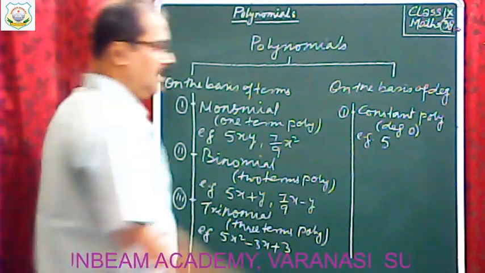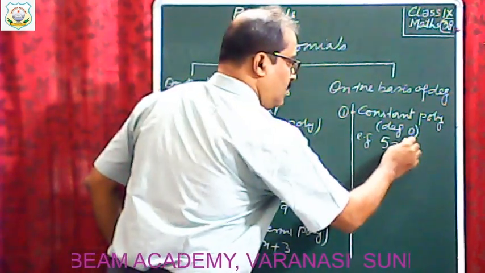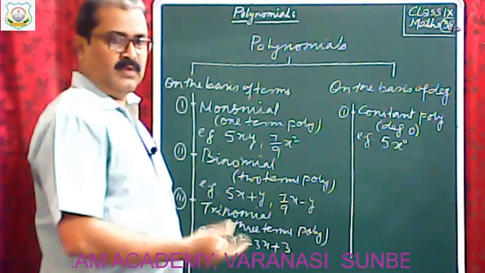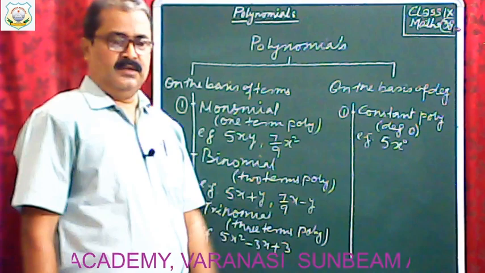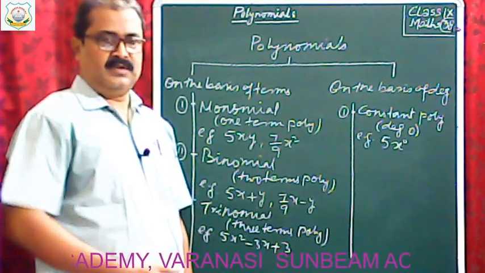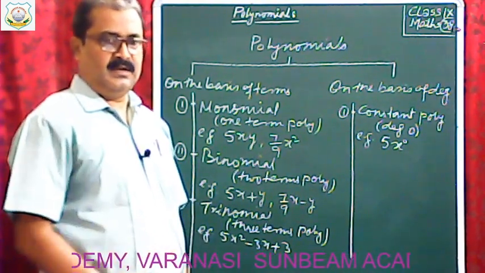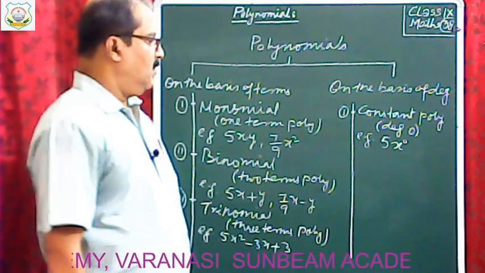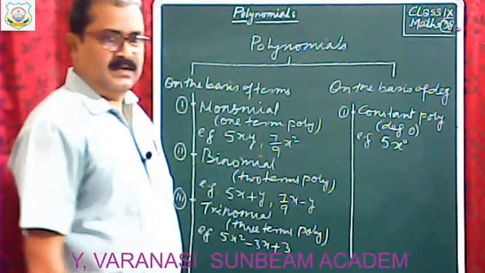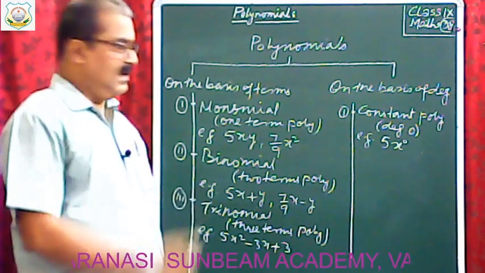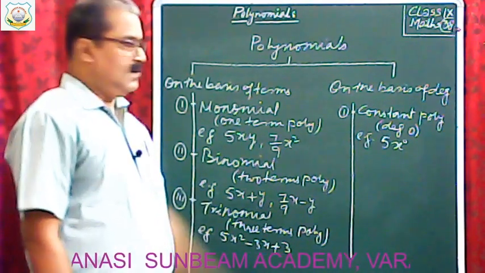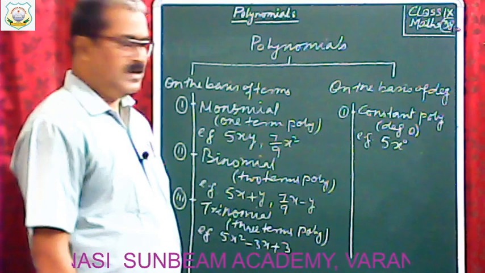Why? We can write 5x to the power 0. x to the power 0 means 1. 1 into 5, again we get 5. So the degree of the polynomial is 0, so it is known as a constant polynomial, because we get the constant 5 again. Every constant, meaning numeral, is a polynomial. We can express it like this: x to the power 0, y to the power 0, whatever.